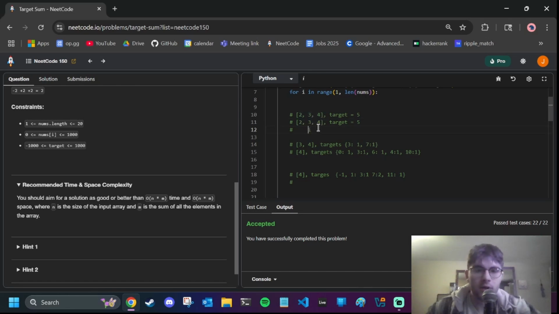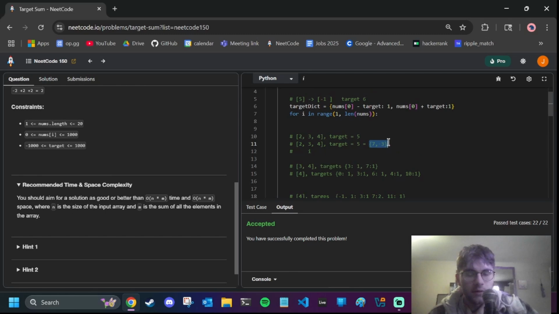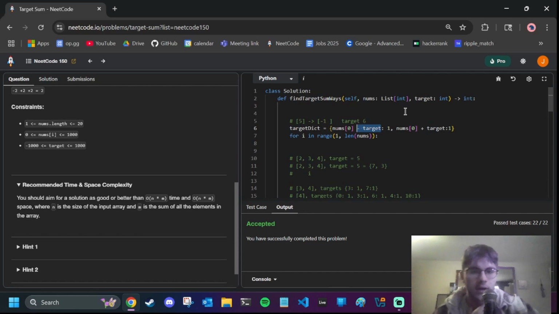When we go here, now we're saying this whole thing needs to have a target of, like, if this was able to reach 7 or 3, then we'd be good, because we can add 2 to it. So if this reaches 7, then we know we can hit our initial target of 5 by just subtracting 2. So how did I get 7 and 3? I did target minus, okay, yeah, so I did have it right the first time. It's target minus the number.